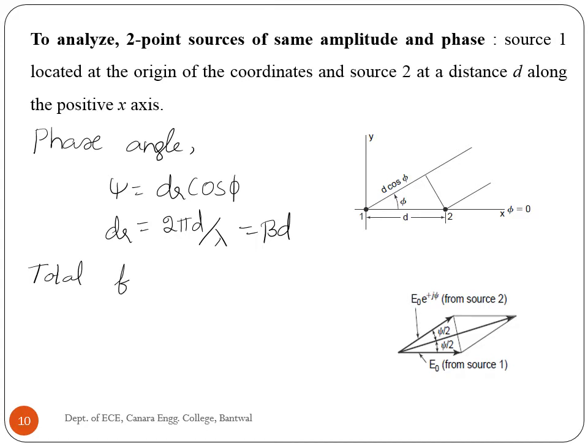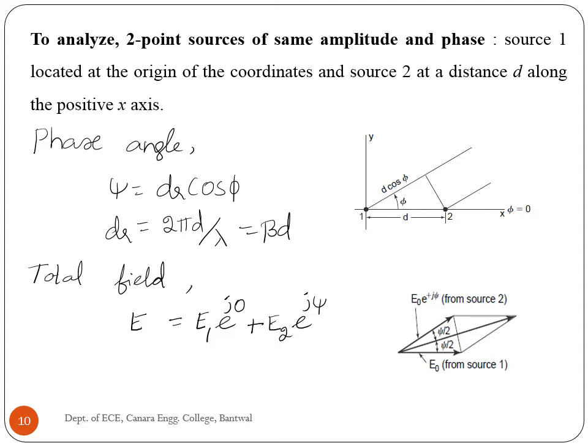Thus, total field intensity E at a large distance r is the vector sum of the fields from the two sources, given by E1 e to the power j0, since source 1 is at origin, plus E2 e to the power j xi from the origin to the source 2.